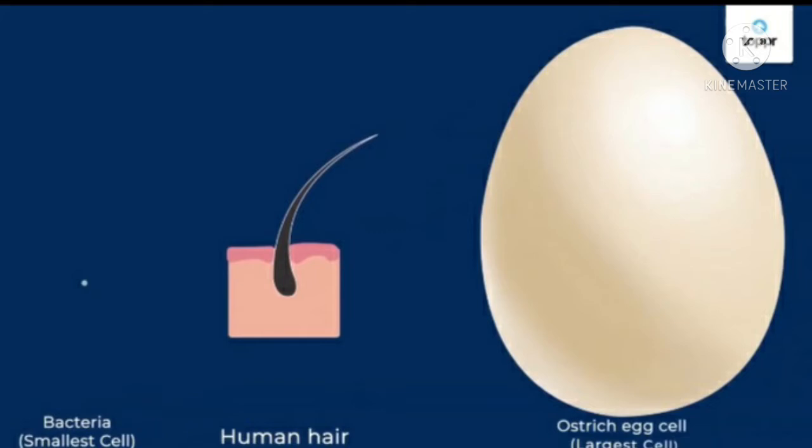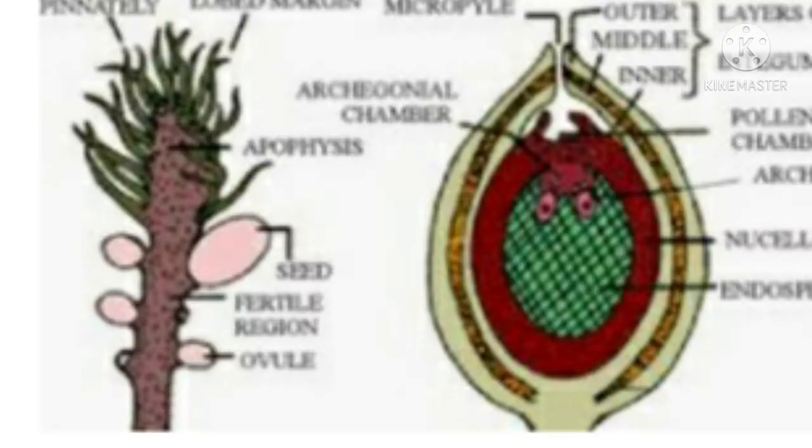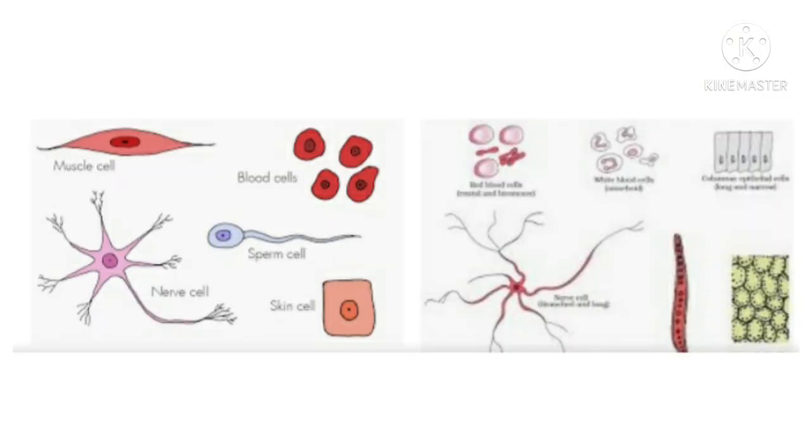Children, the ostrich egg is also one of the largest cells, whose size is about 18 centimeter. Among the multicellular plants, the largest cell is the ovule of cycas. Some nerve cells of human beings are a meter long.